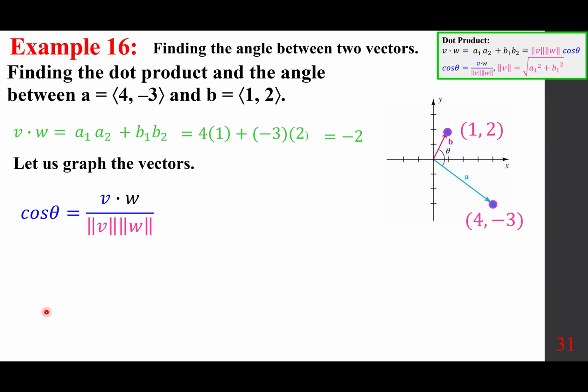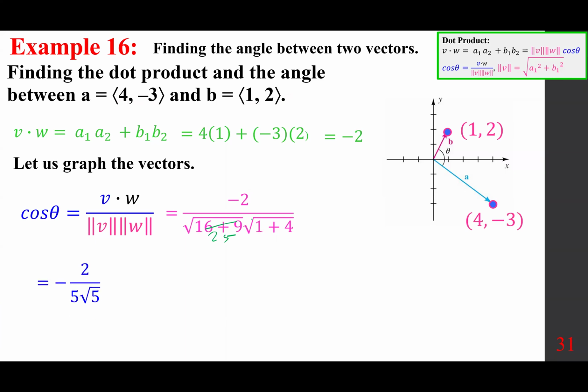We are going to use the dot product over their magnitudes. We have the dot product already, but the magnitude is the square root of a squared plus b squared. So square root of 4 squared and negative 3 squared, square root of 1 squared and 2 squared. This is 4 squared or 16, negative 3 squared or 9, 1 squared or 1, 2 squared or 4. So this becomes 25 or 5. And so we have negative 2 over 5 square root of 5.